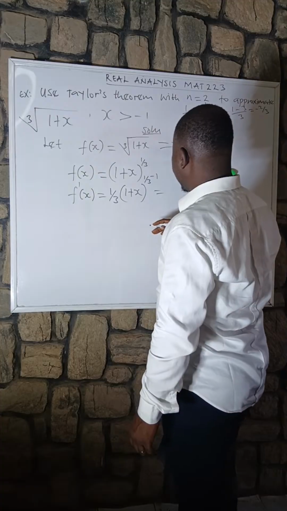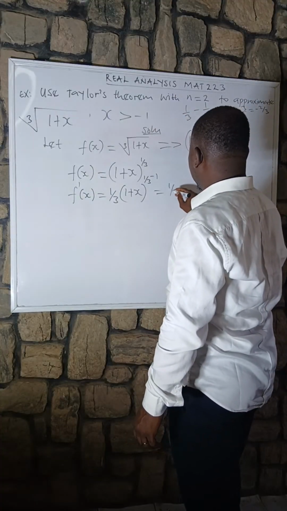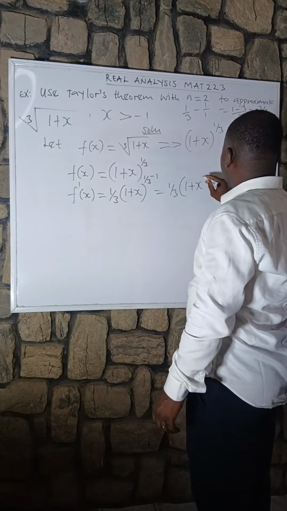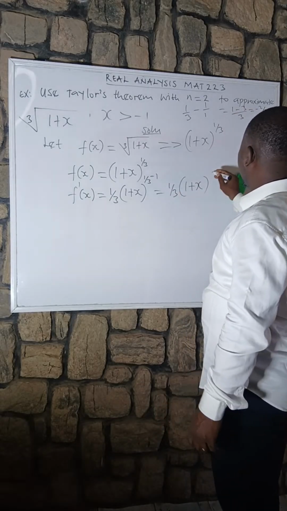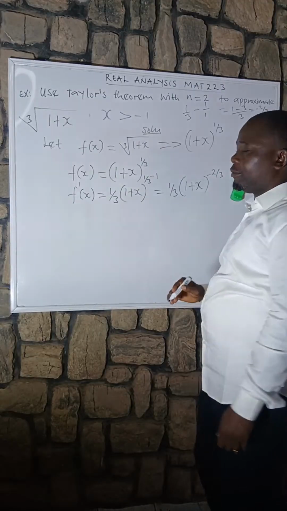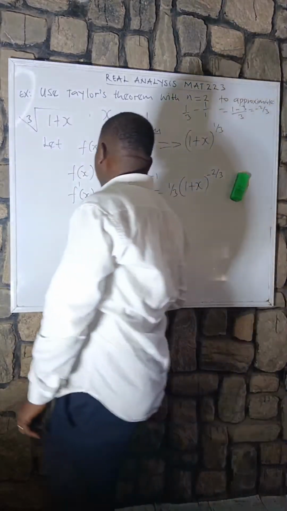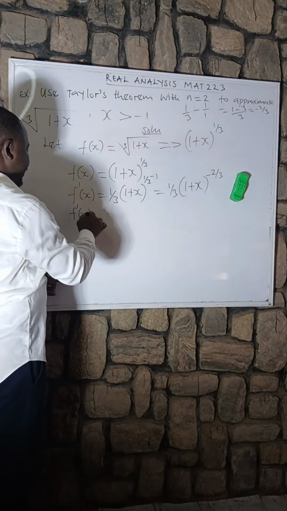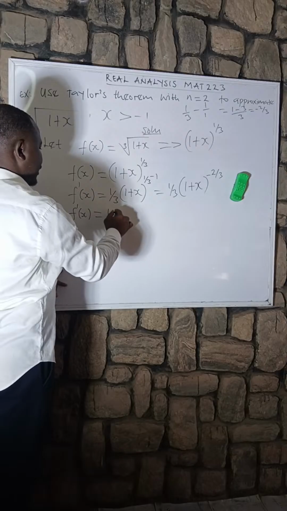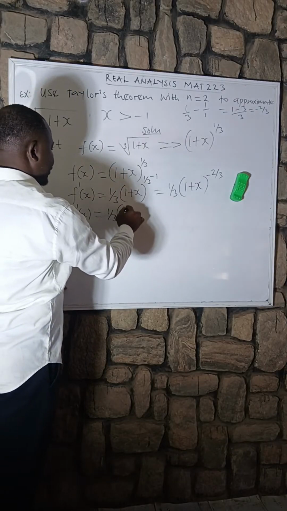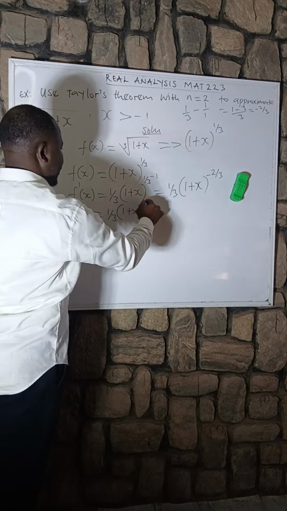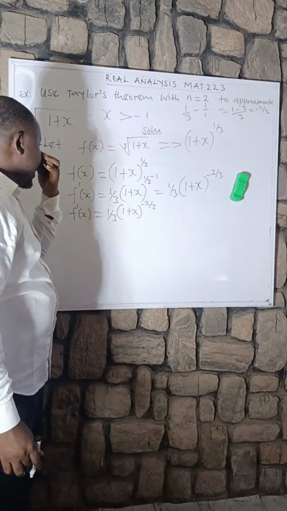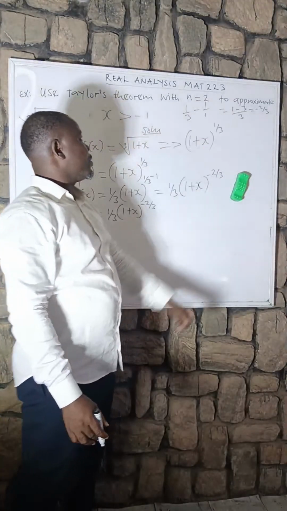So it implies that this will be equal to 1 all over 3, open bracket, 1 plus x, raised to the power of minus 2 all over 3. True or false? Then our f prime of x is equal to 1 all over 3, open bracket, 1 plus x raised to the power of minus 2 all over 3. True or false? Do you agree with me? Then, with n equals what?